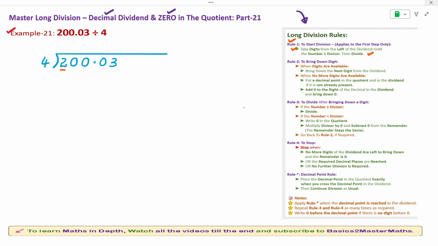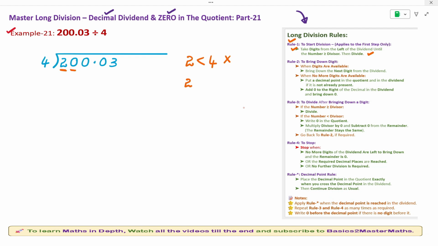In this case, the leftmost digit of the dividend is 2, which is less than the divisor 4. So, division is not possible. As per rule 1, consider the next digit also.